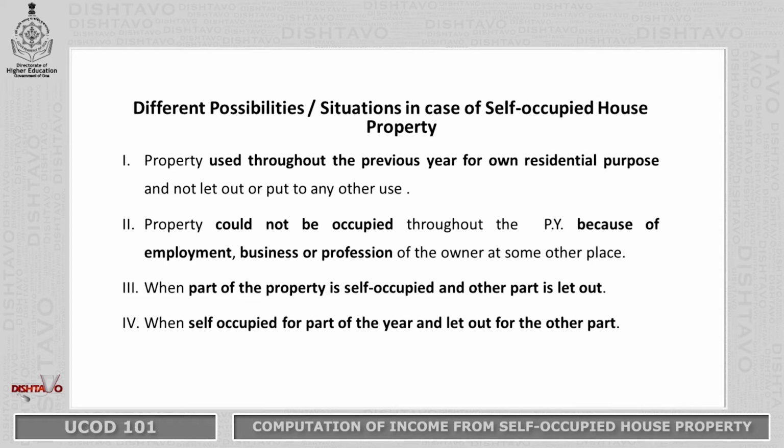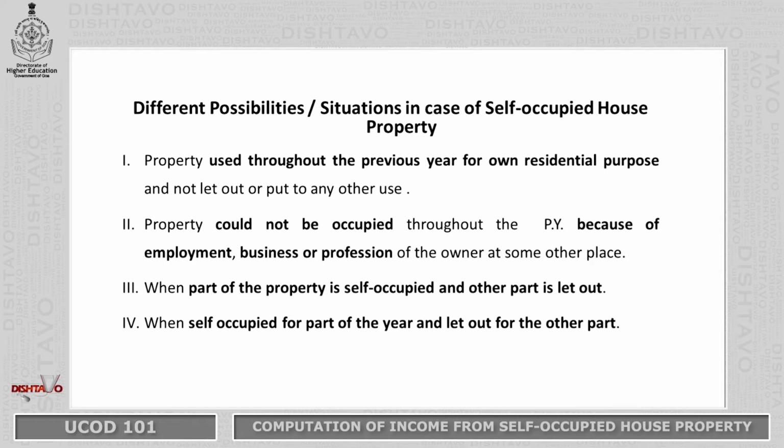Now, these are the different possibilities or situations for computing income from self-occupied property. First, the property is used throughout the previous year for own residential purpose. That means a person is having a house and he is staying there, using it for his own self-occupation throughout the year.